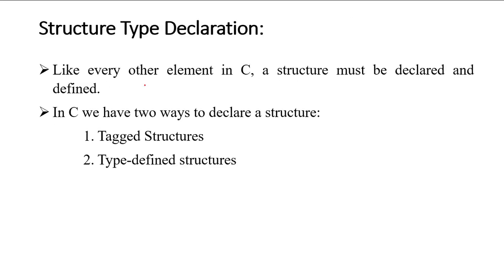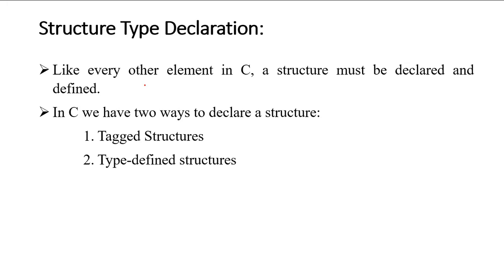Likewise, you remember we have seen that every entity, every element, and every object in your C programming, before its usage, we have to do three things: the declaration, the definition, and initialization.